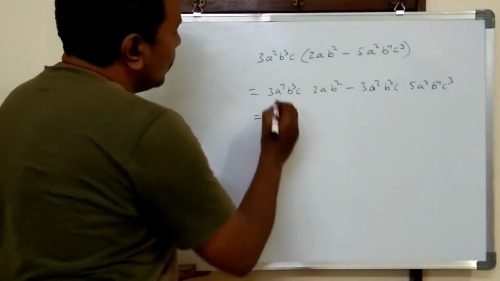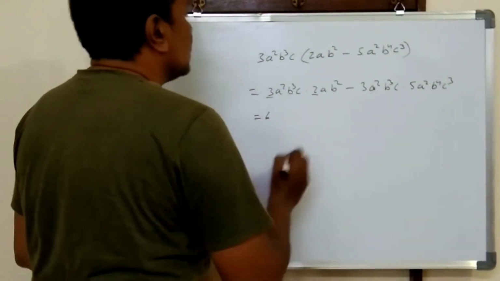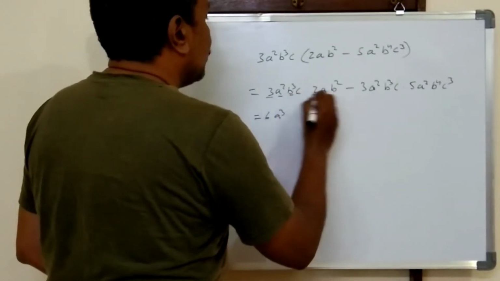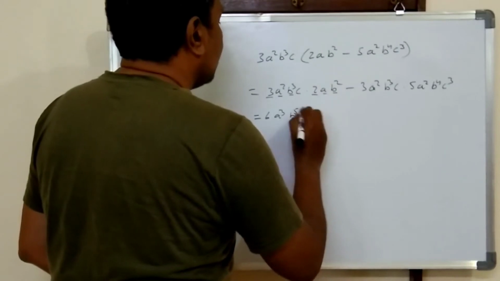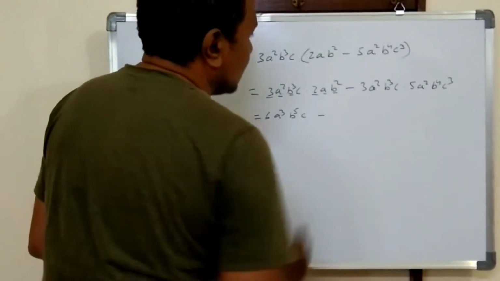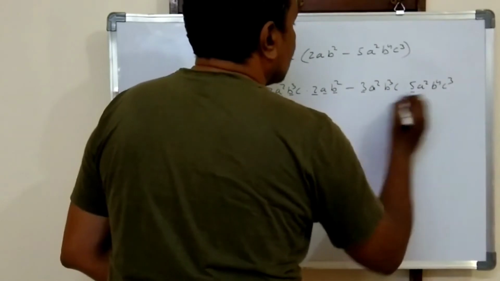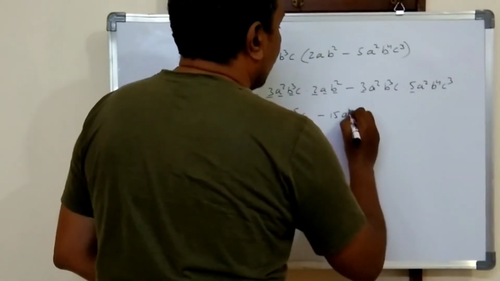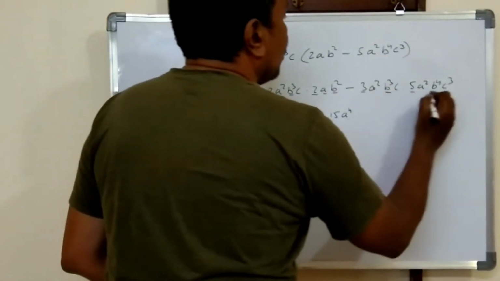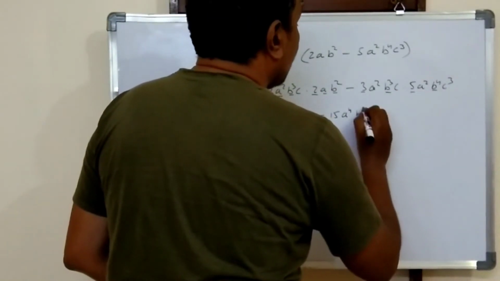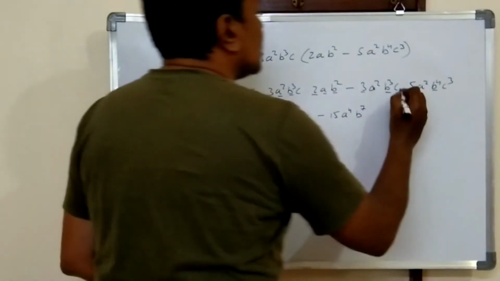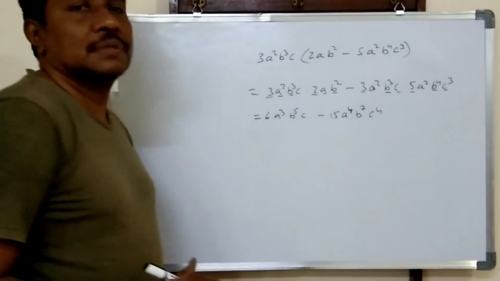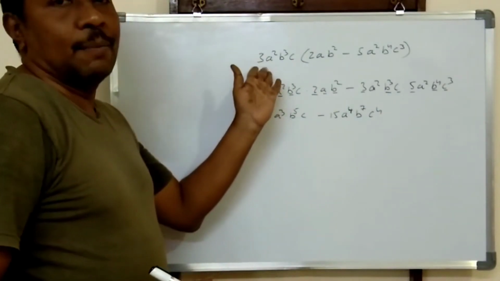That is equal to 3 twos are 6, a square into a, a cube, b cube into b square, b power 5, c, minus 3 fives are 15, a square into a square, a power 4, b cube into b power 4, that is b power 7, c into c cube, c power 4.